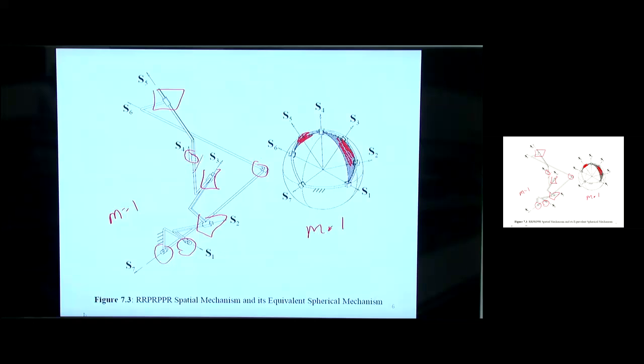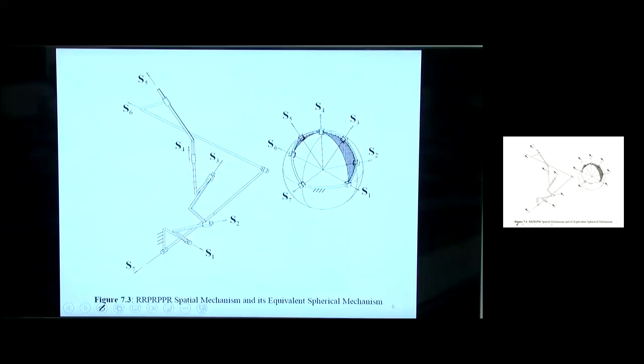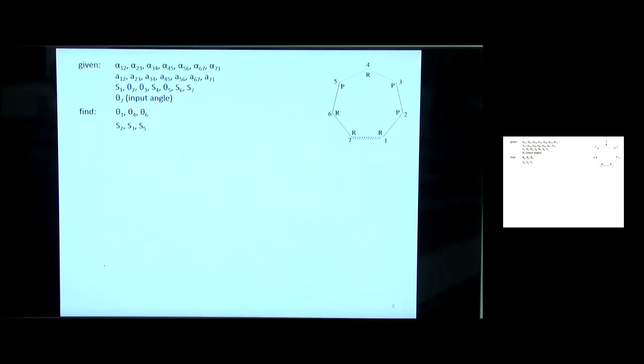The particular problem we were doing with this was, and my computer's being a little persnickety today, this planar representation of that fancy 3D picture. It indicates where the prismatics were. In our problem statement, for the 3D spatial mechanism, we know all the twist angles and the link lengths.